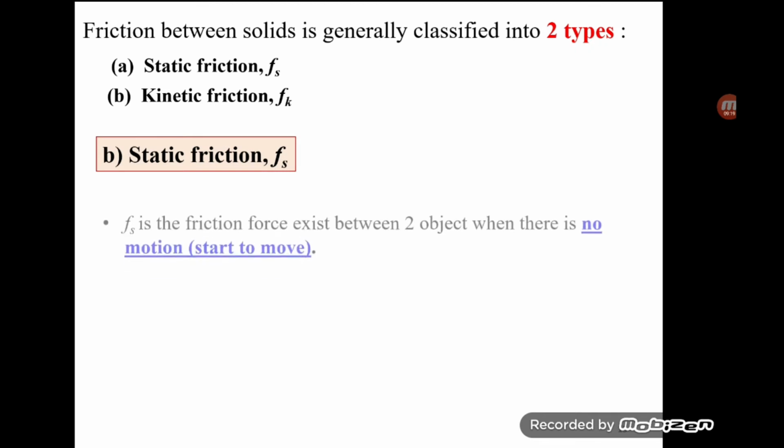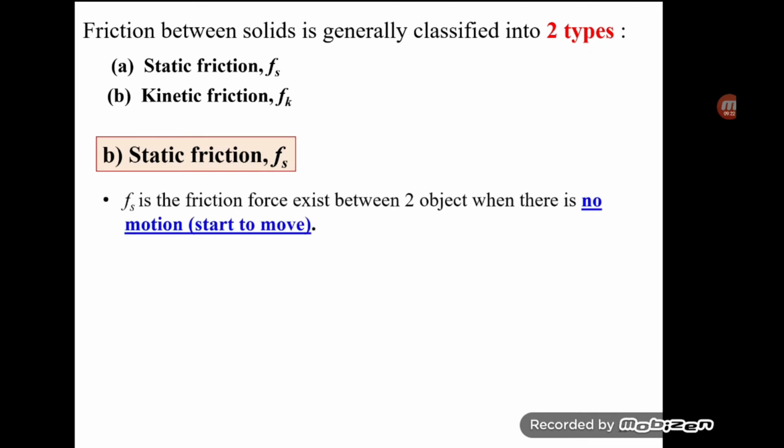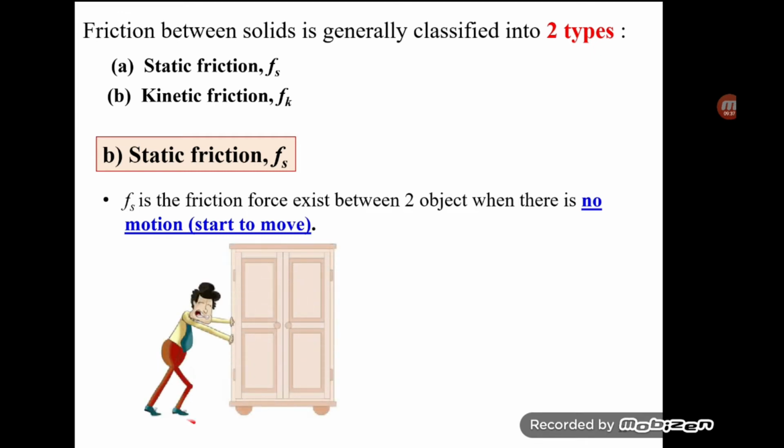Static friction is the friction force that exists between two objects when there is no motion or the object begins to move. We have a friction retarding the motion.